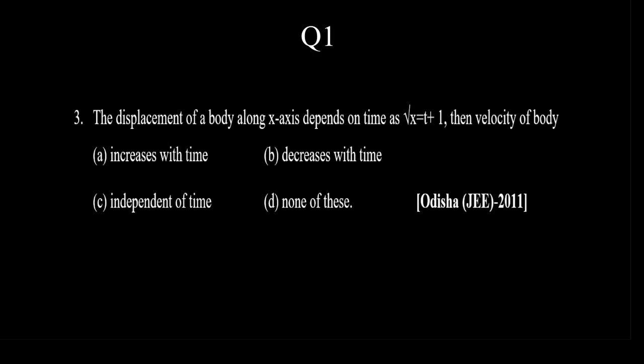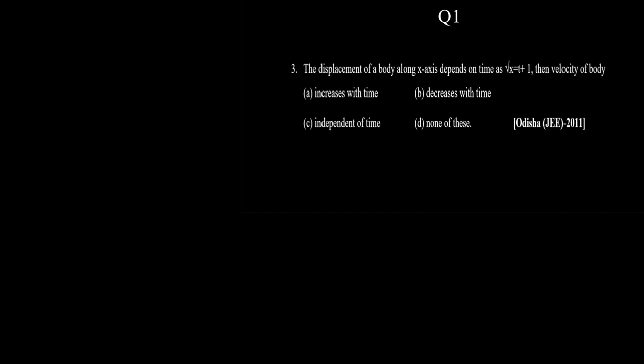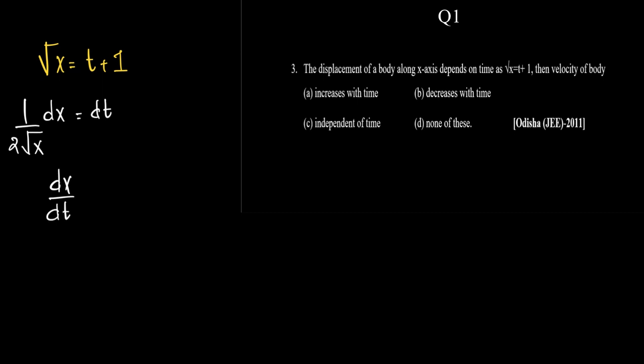Okay, so having said so, let's now move on to the solution. What's given here is root x is equal to t plus 1. If you differentiate the equation, what you get is 1 by 2 root x dx is equal to dt, or dx by dt is equal to 2 root x.